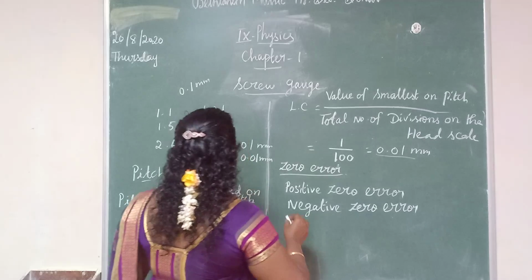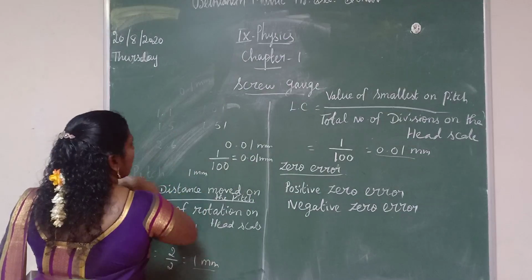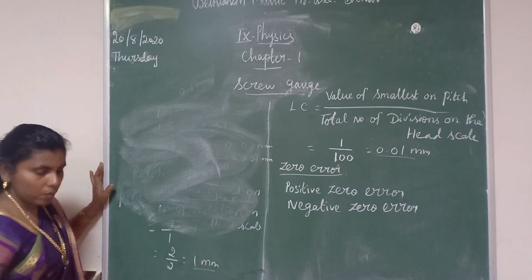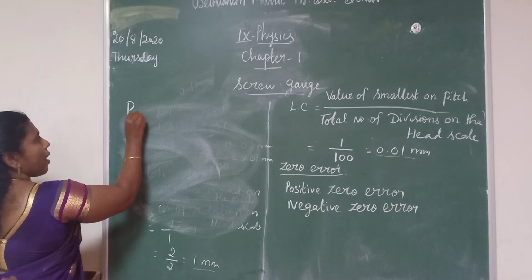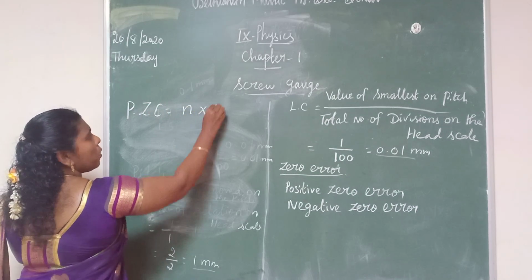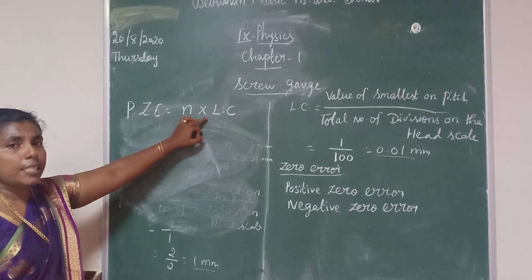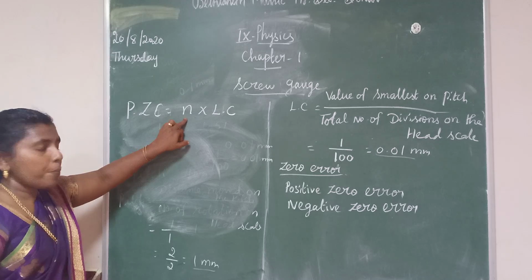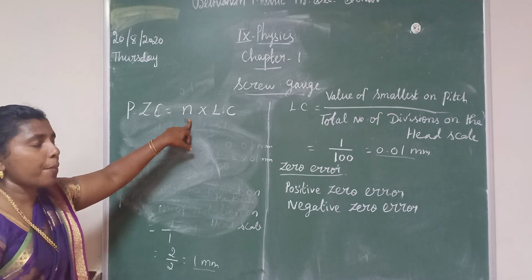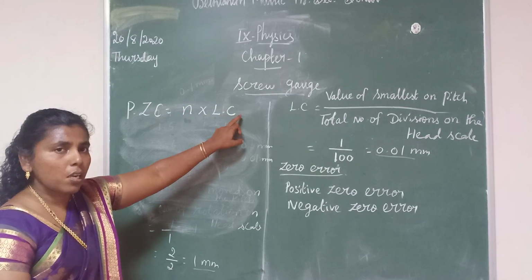The formula for positive zero error is positive zero error equal to N into LC. What's the formula for positive zero error? N into LC. N means the number of divisions coinciding, LC is the least count.